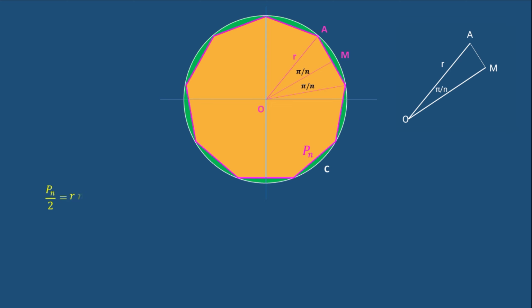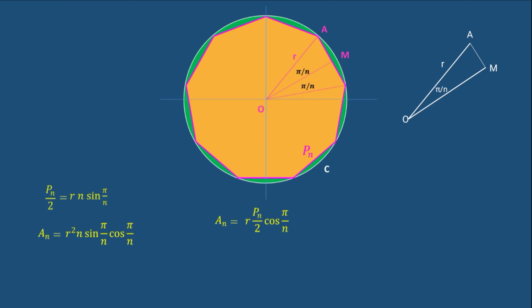Now we have two formulas, one for the perimeter and the other for the area. I have rearranged the formula for the area a little more. Now you must be clear that we can input Pn in it. What do we have to do to convert this polygon into a circle?